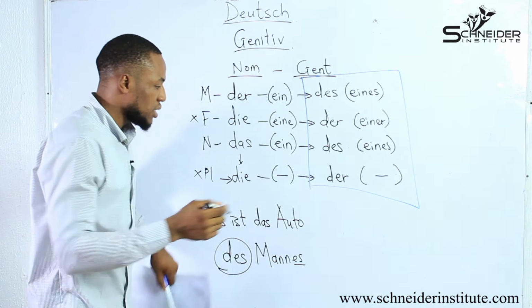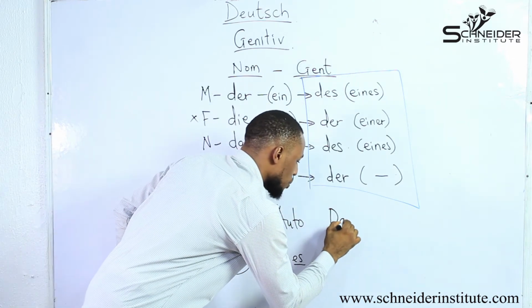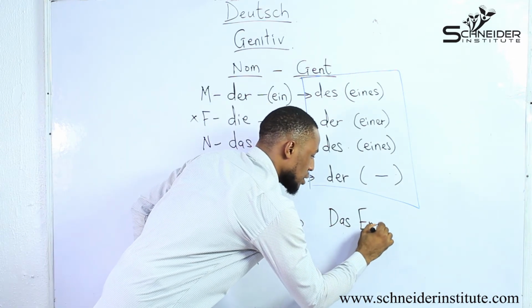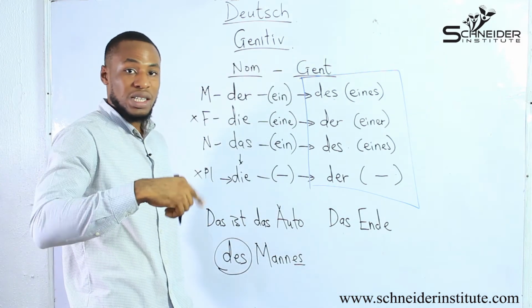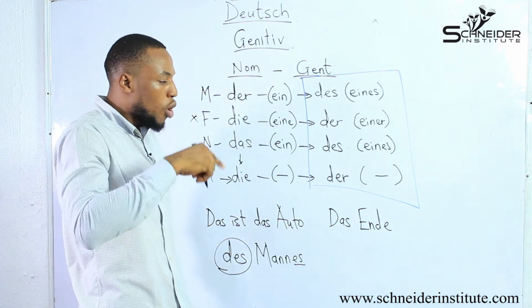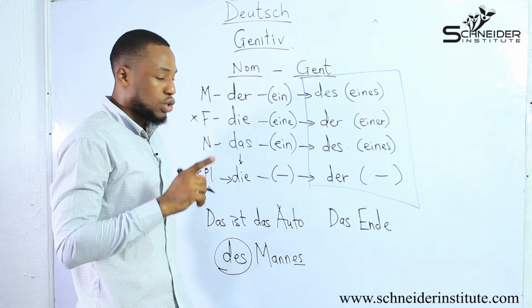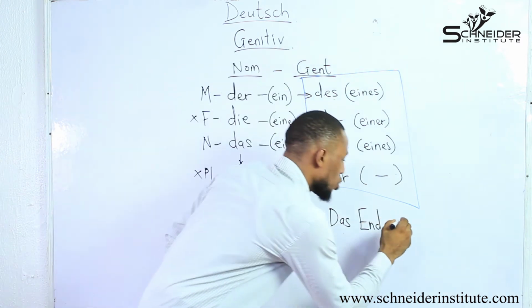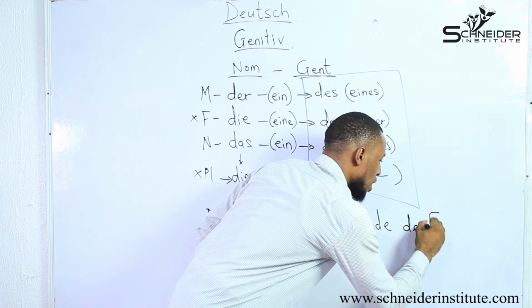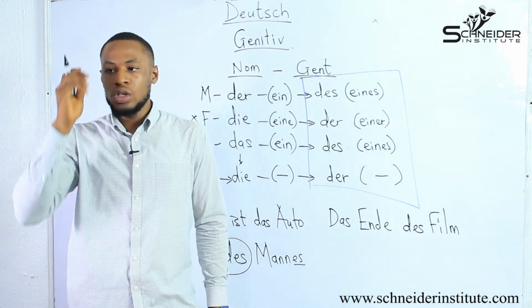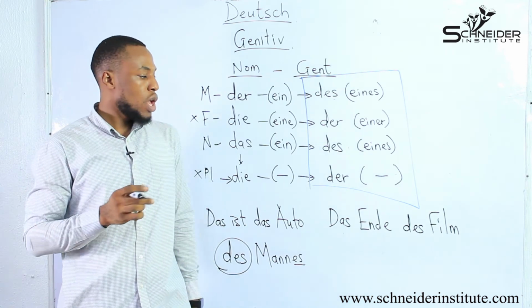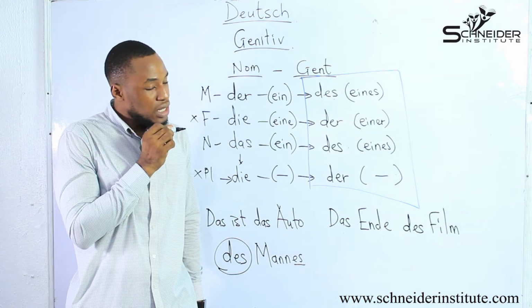How do I write that? The end. I'll simply say das Ende, the movie or the film, which is der Film. Now the end of the movie, indicating possession for movie, right? So I'm going to have des. Now here, what do we add to this? Are we adding s or es?